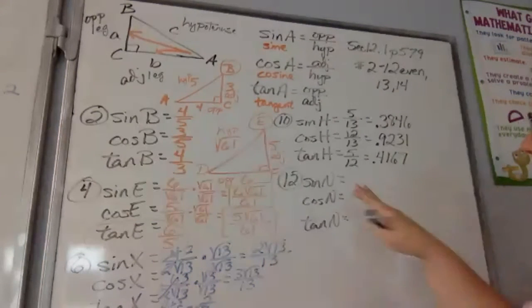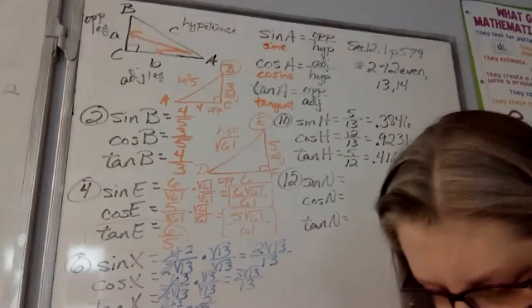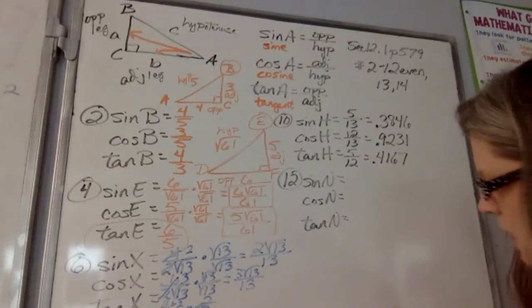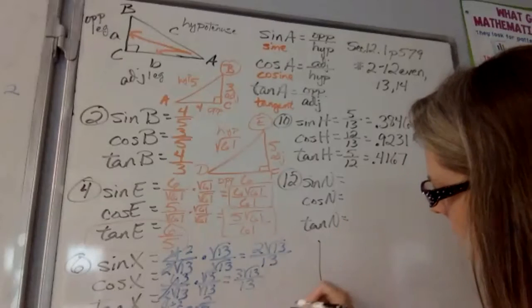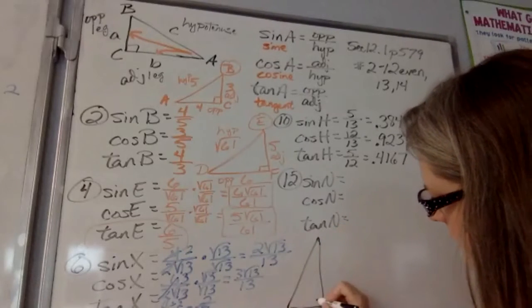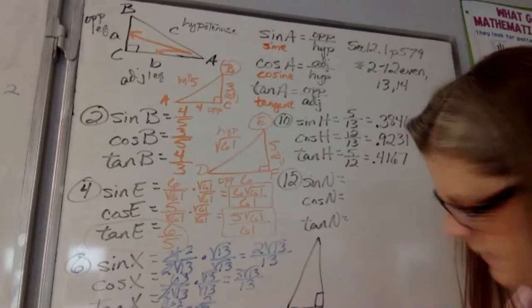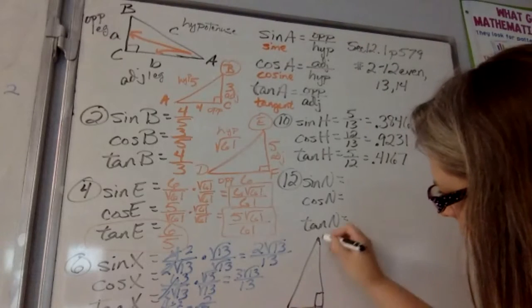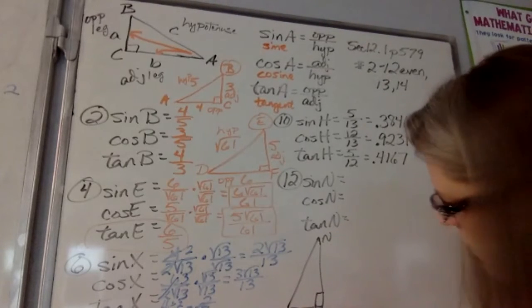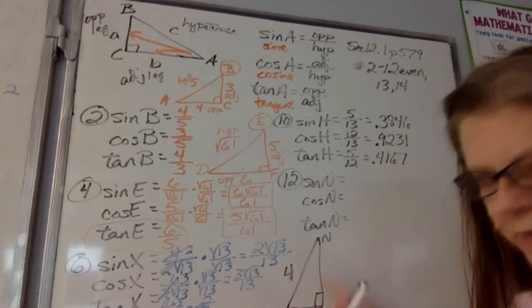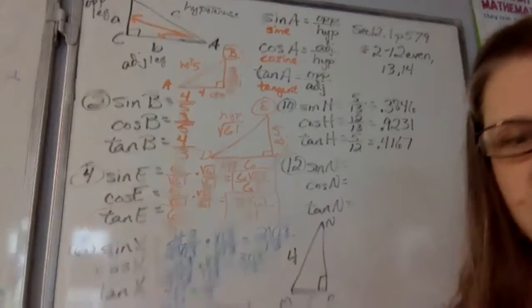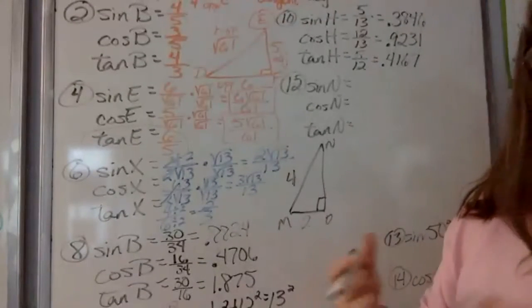Okay. Now for number 12, on that triangle, our triangle looks like this. It's taller. This is M and an O. This is a 2. This is a 4. So we're looking for this side right here. So we're looking for one of our legs. So we're going to have to do Pythagorean theorem again.